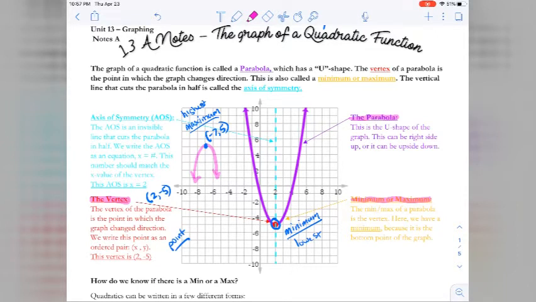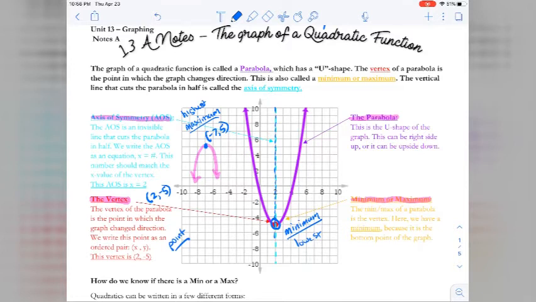The last one, the axis of symmetry, is very important to understand as well. The axis of symmetry represents an imaginary line that is a vertical line passing through the vertex.